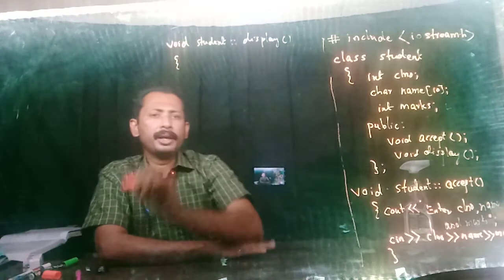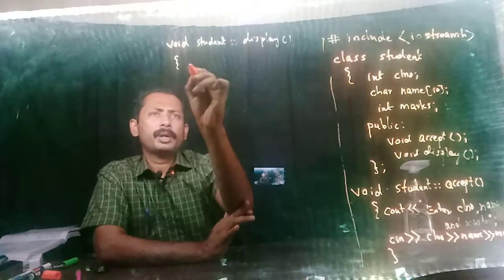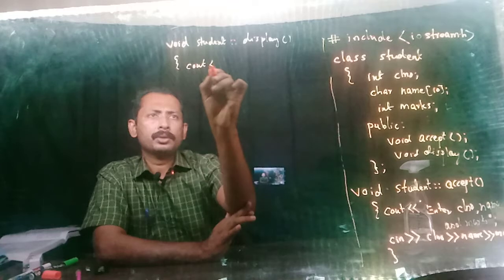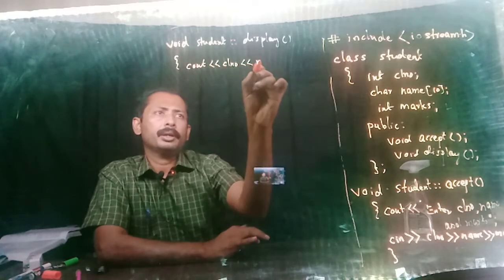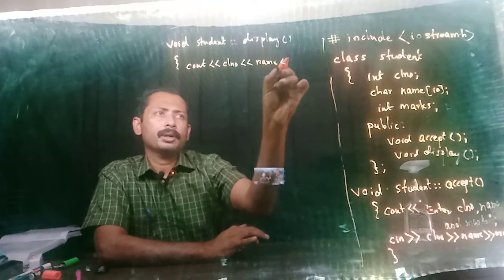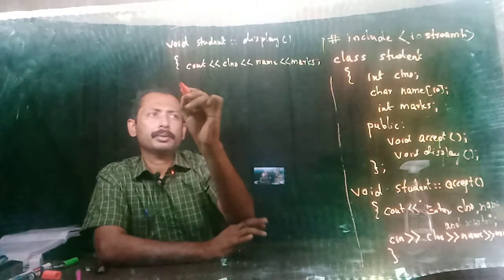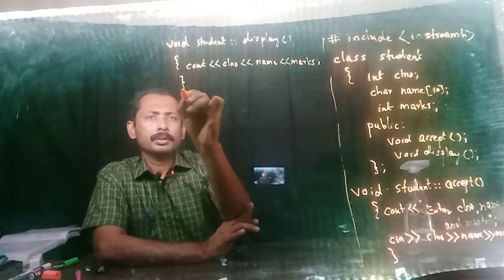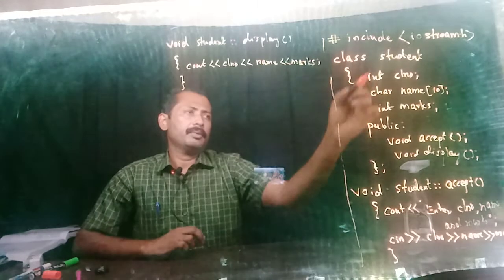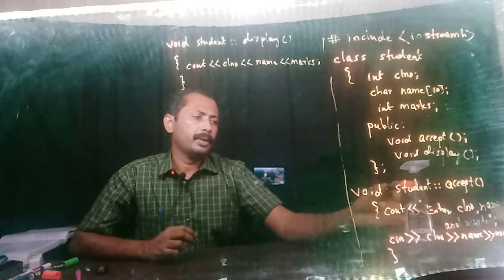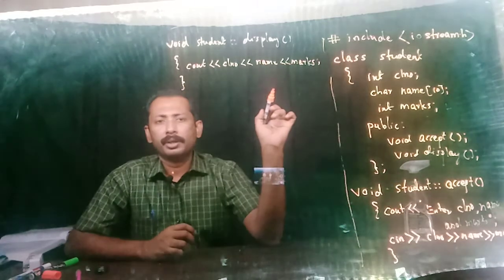So this is the function body of the display function. I am simply giving cout class number, then name and marks. So this is the body of the function display. So we have defined everything. We have the variables here, we have the accept function here, and we have the display function.